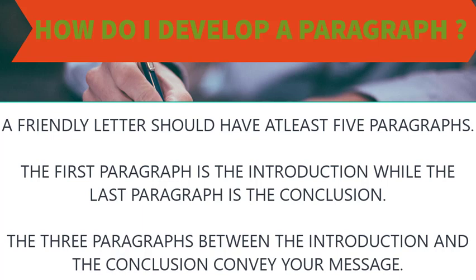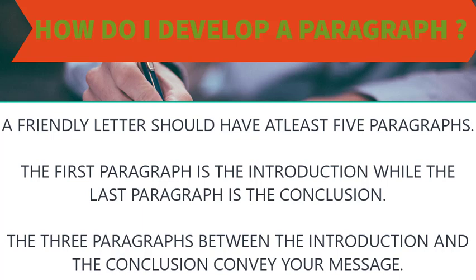The 3 paragraphs between the introduction and the conclusion convey your message. There are some conventions which need to be observed in a friendly letter. They include the use of contracted expressions and jargons.